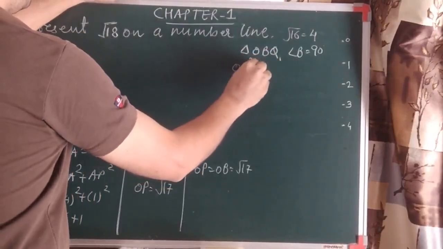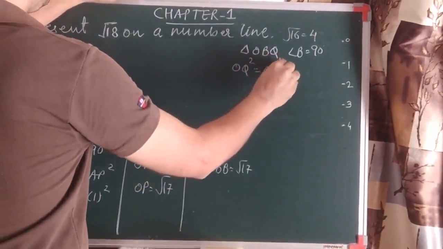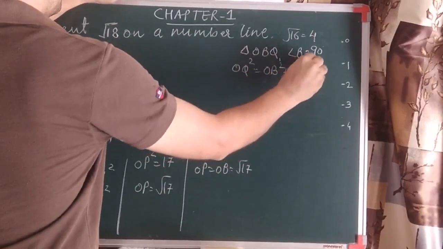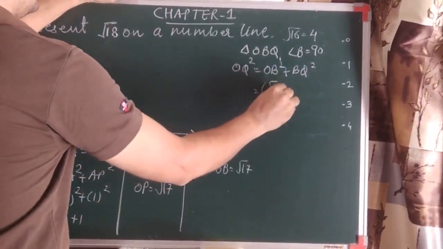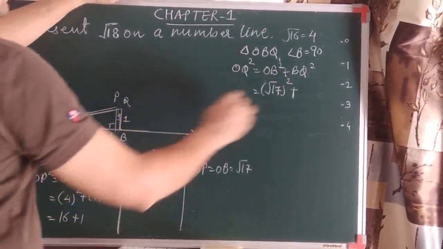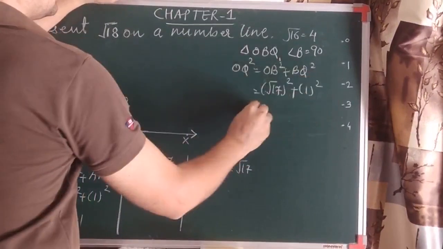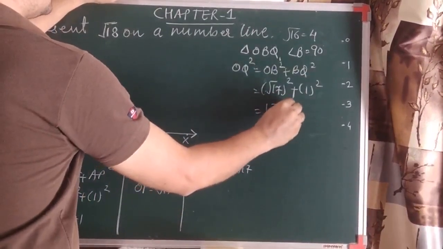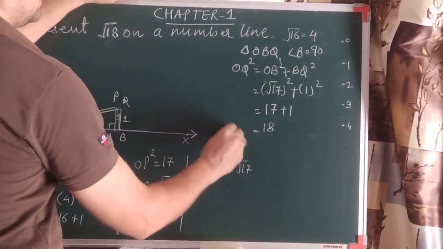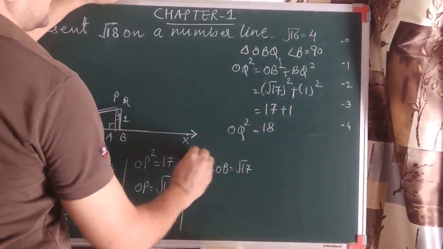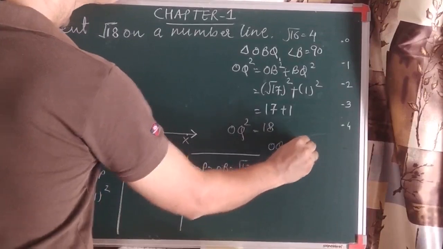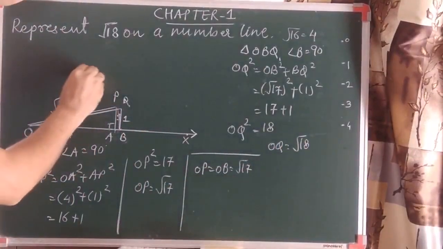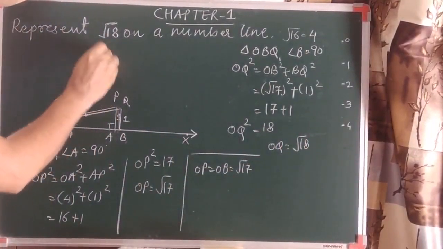OQ square is OB square plus BQ square. OB is root 17 and BQ is 1. Square of root 17 is 17, square of 1 is 1, so here we obtain 18. So OQ square is 18, so OQ is root 18. This is the value OQ, root 18, which we require.